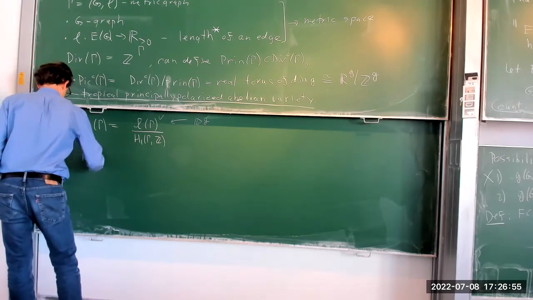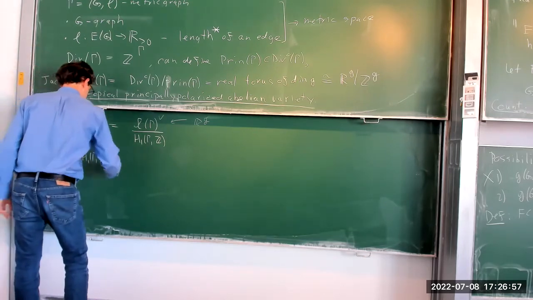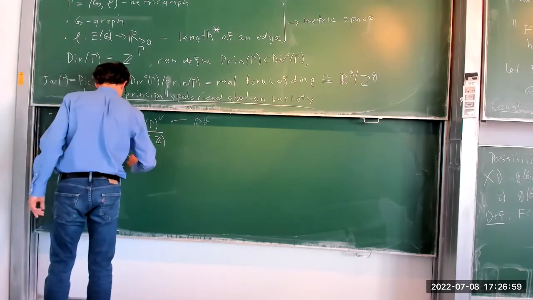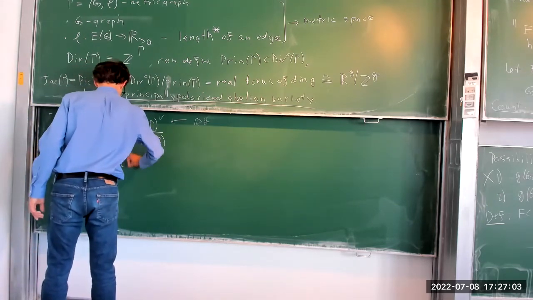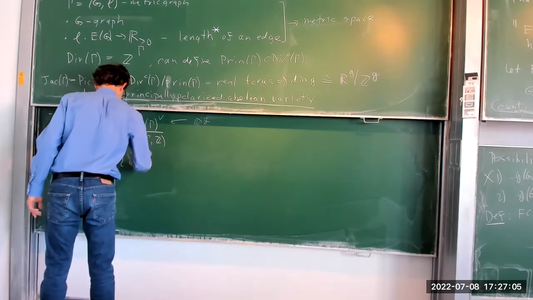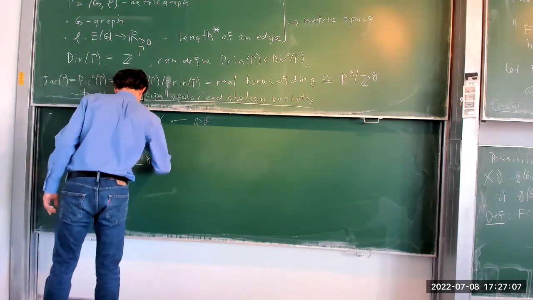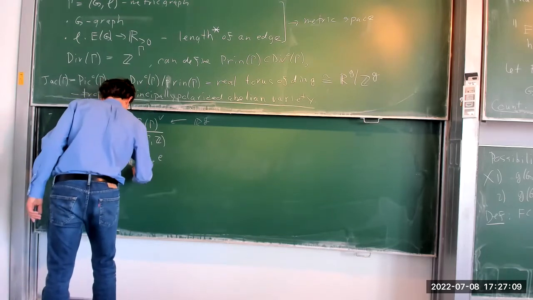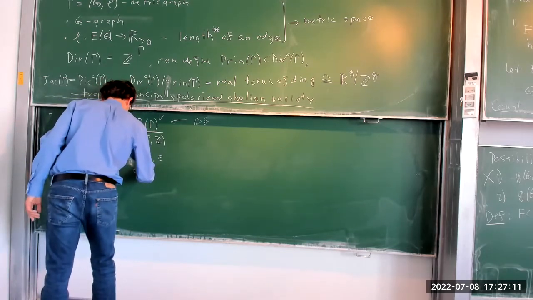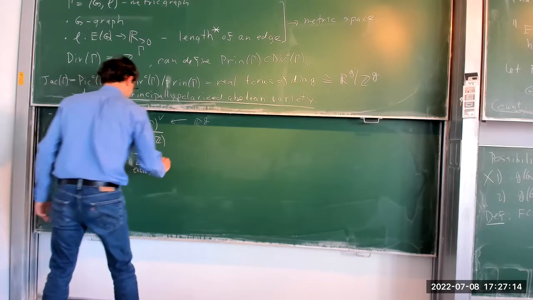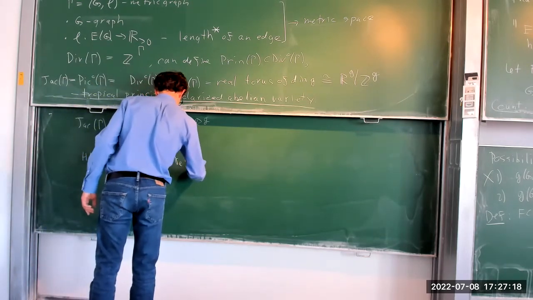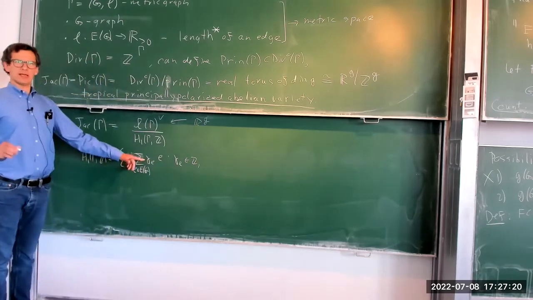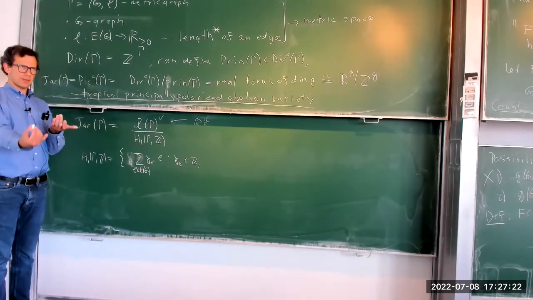So what is H1 of gamma Z? This is just a set of cycles of the form gamma_e over all edges in the graph. So the gamma_e's are integers, and it has the property that the boundary is 0.